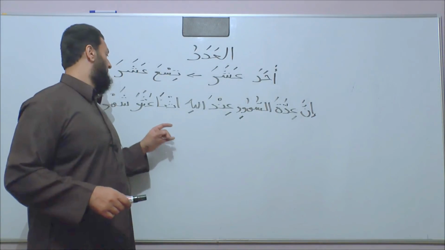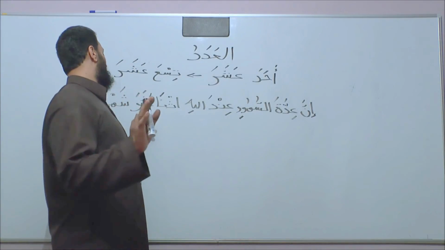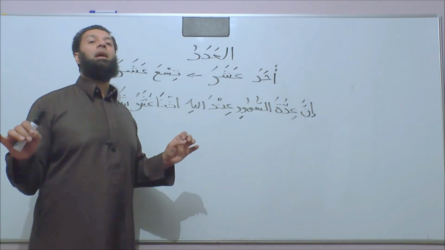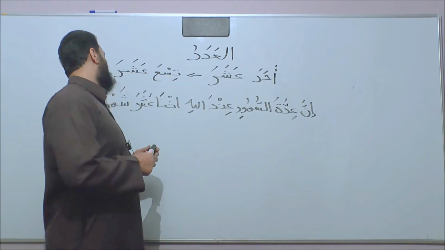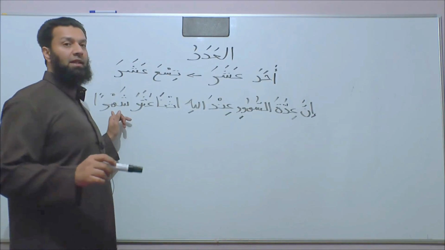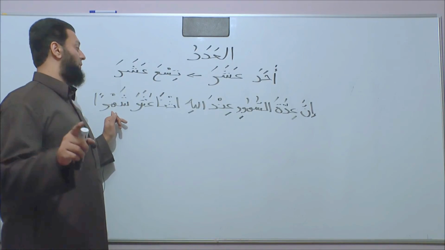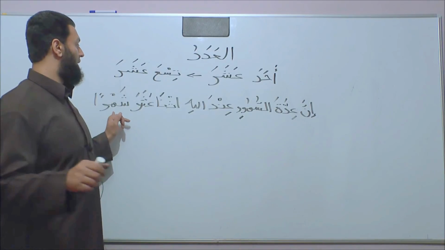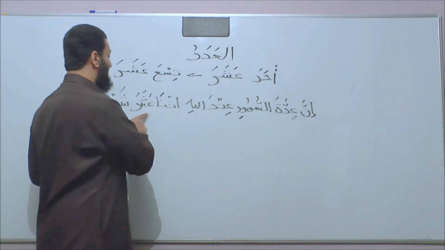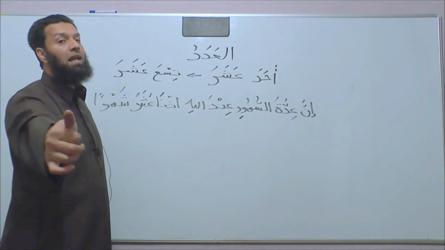Right? Ashara is just an ism which is mabniyun ala al-fathi. Right? And shahran is the explanation, tamyiz. But the point to note is ithna ashara, which is 12, is fi mahalli.